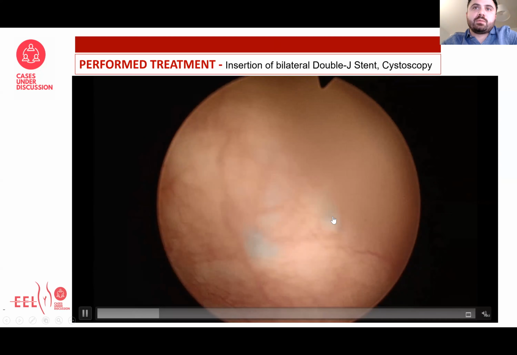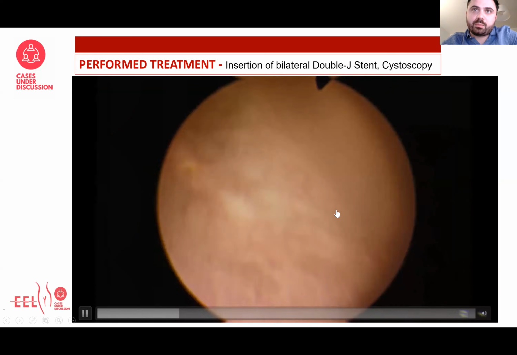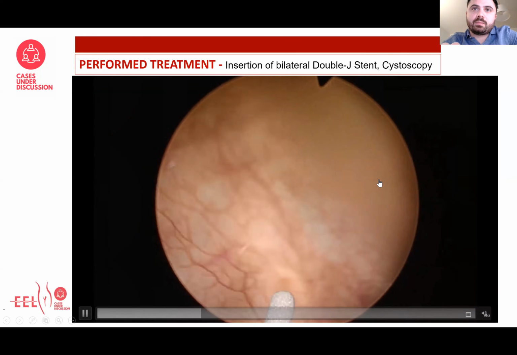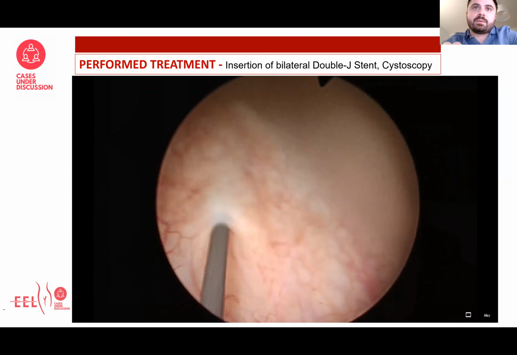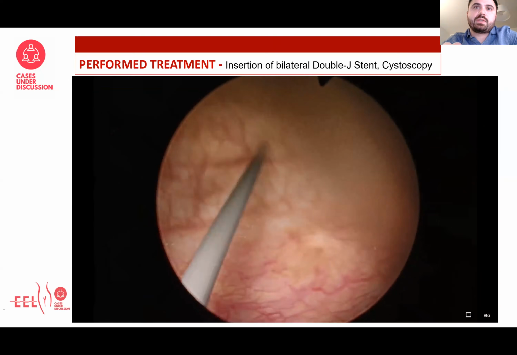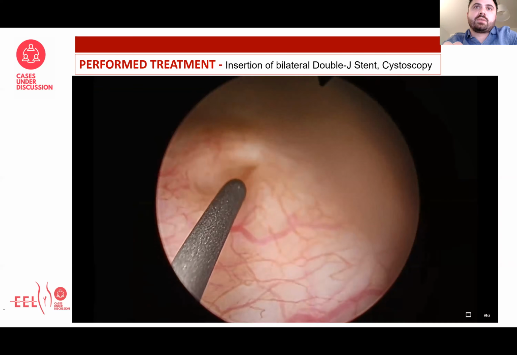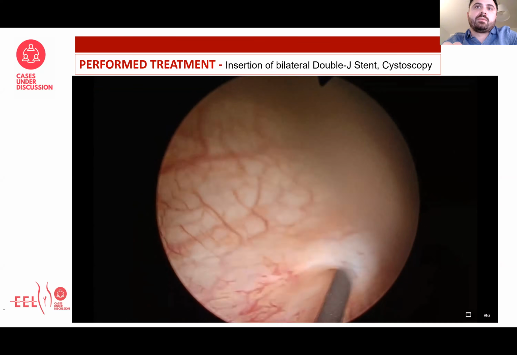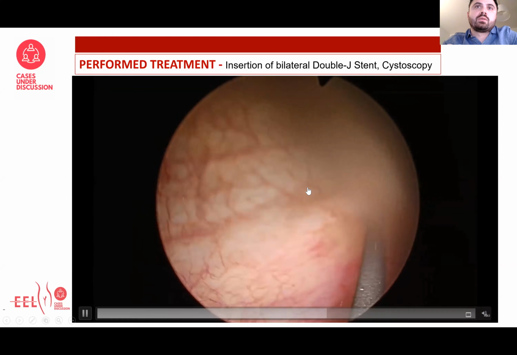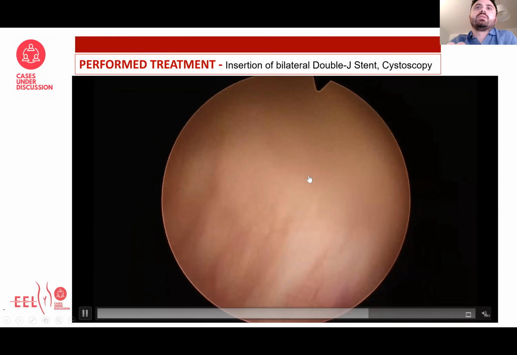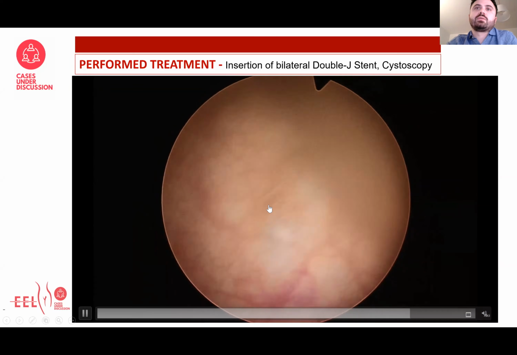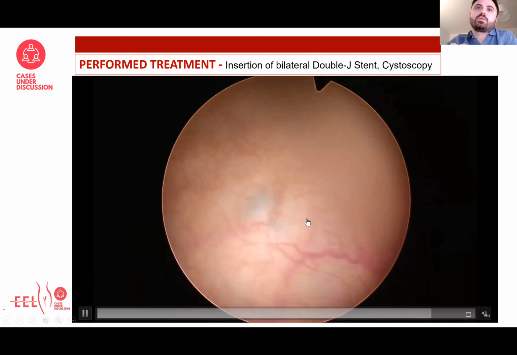Here we can see one of the nodules protruding in the bladder. There were no problems inserting the DJs on the left side and on the right side. And there is another view with the two nodules, the typical image of bladder nodules, blue, protruding in the bladder.